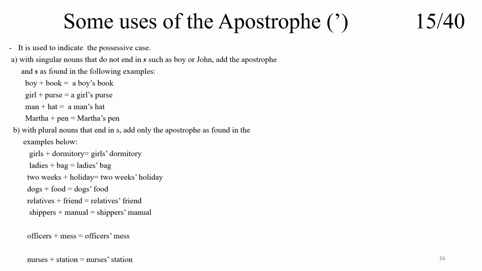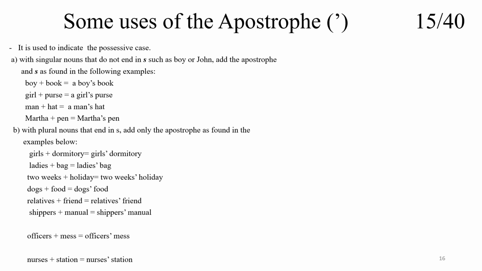So if something belongs to the girl, how do I express it? I will use the apostrophe and S. I will attach it to the girl, the last word after girl. And so I'll get a girl's purse. Now man too is a singular noun.